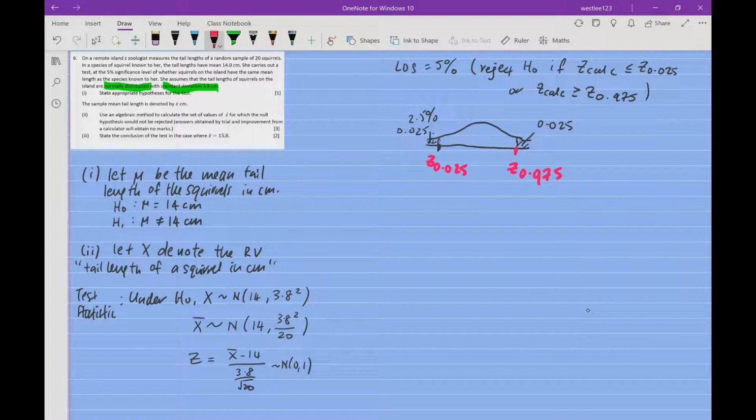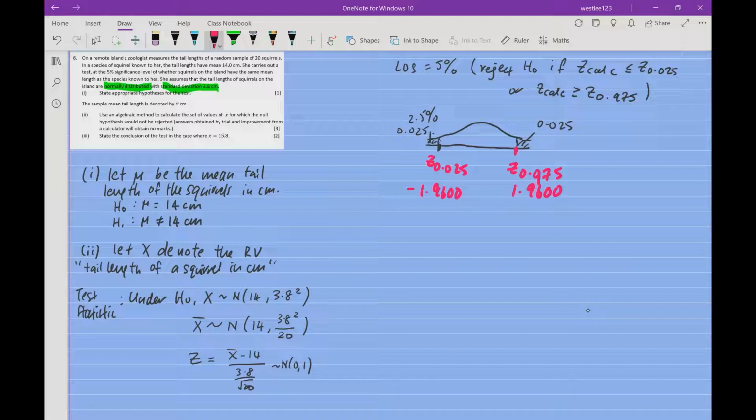To find out what z0.025 is, you can use inverse norm of 0.025, where mu is 0 and sigma is 1, because we have standardized already. This will give you negative 1.9600 and positive 1.9600. So these are the critical regions.